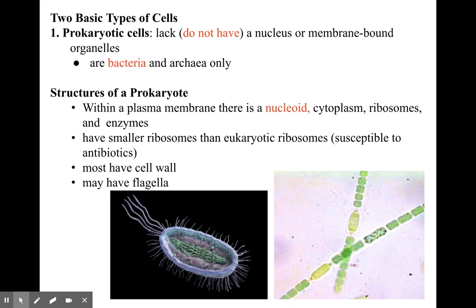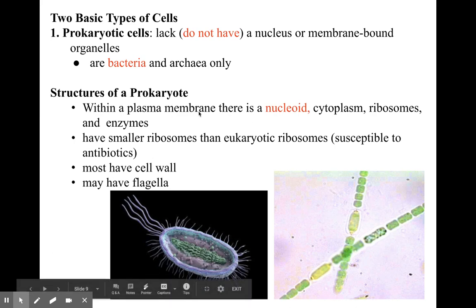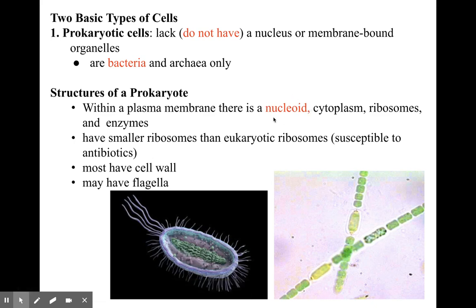So with bacteria or prokaryote, what do we find? We're going to find a plasma membrane. We're going to find some place in the middle that has the DNA, but it's called a nucleoid. It's not a nucleus. It's not membrane bound, which is the big key here. It has cytoplasm, which all cells have. It has ribosomes, which all cells have.